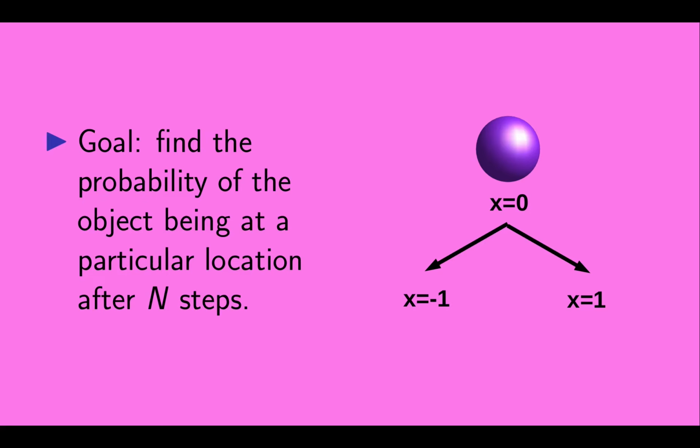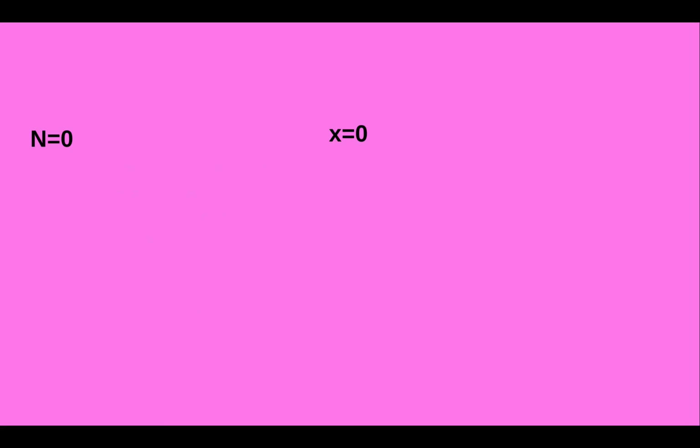What we want to do here is find the probability of the object being at a particular location after n steps. So, at n equals 0, the object is at x equals 0, as it hasn't gone anywhere yet. At n equals 1, the object can be at x equals -1 or x equals +1.